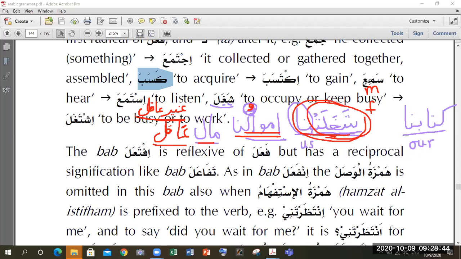Just remember this, that whenever a verbal sentence starts with a verb, there are only two possibilities, and it is always third person. So either it will be male or female. So these are two cases.